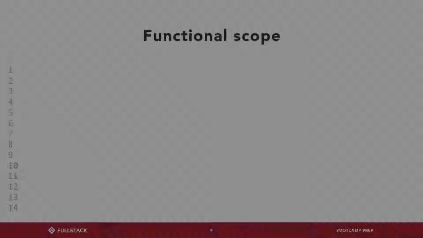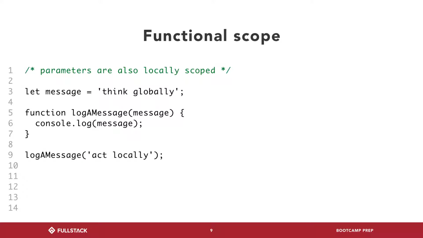So that's why when I come back to this and we say parameters are also locally scoped, it means if I have a function that has a parameter, this parameter is confined to the local scope of only the function.